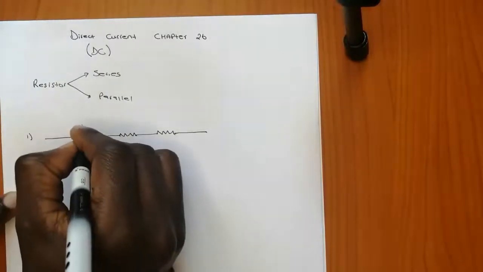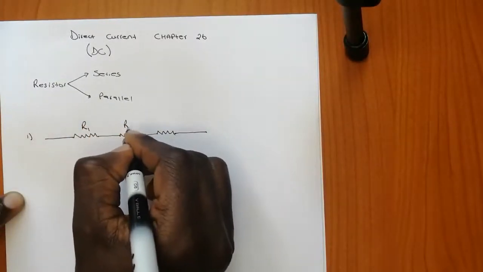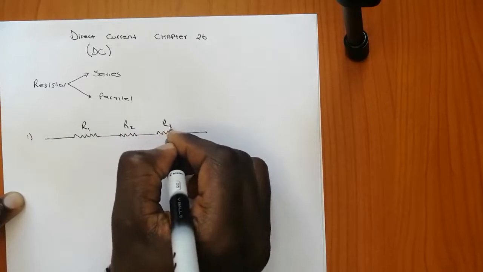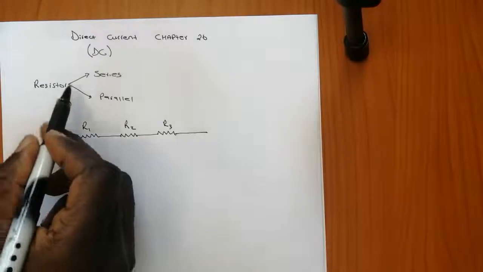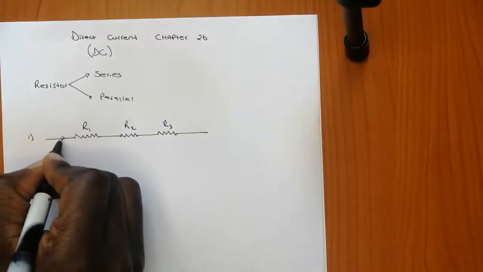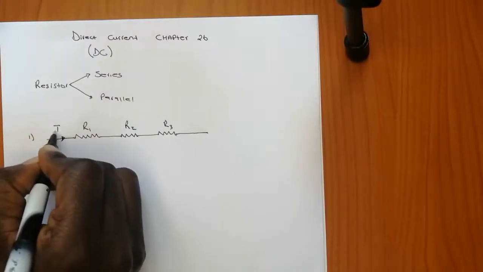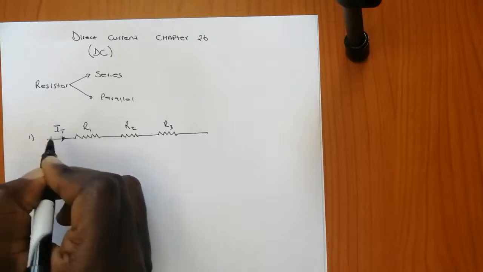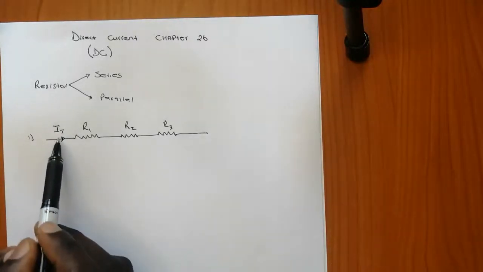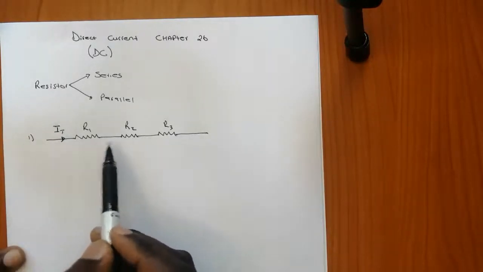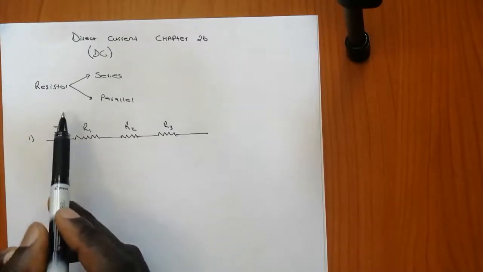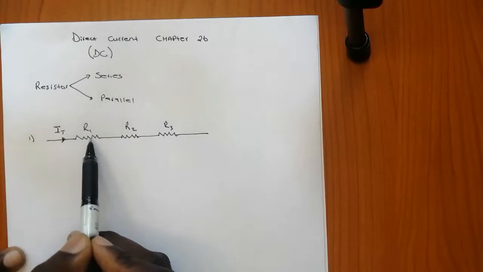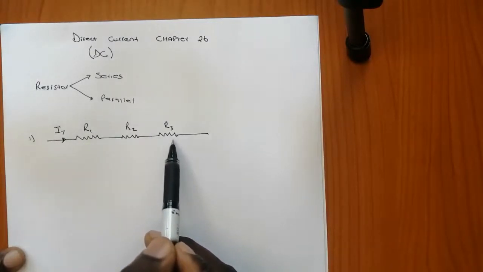So this can be your resistor 1, resistor 2, and resistor 3. In this circuit you apply a direct current, let's say I total. Because these resistors are connected in series, this current will be the same at resistor 1, resistor 2, and resistor 3.